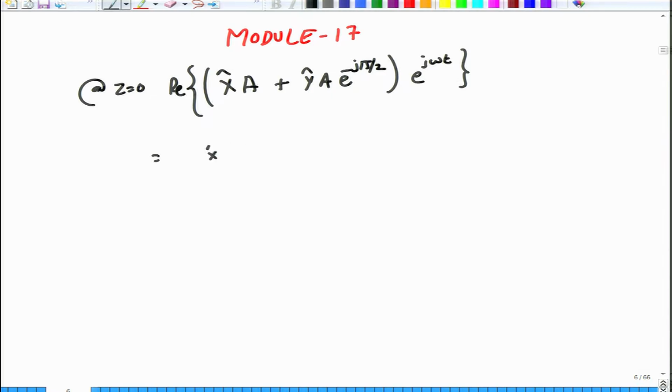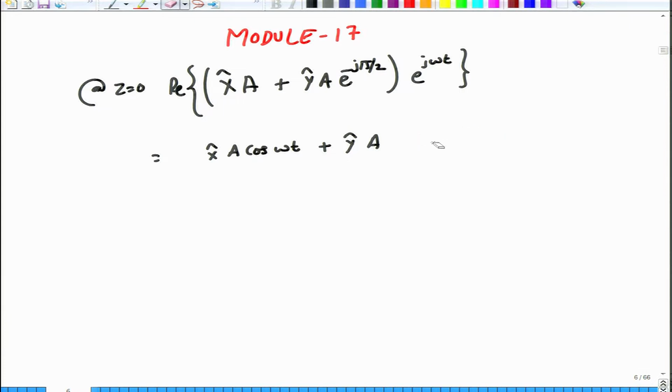So I will now have x hat a cos omega t plus y hat a cos of omega t minus pi by 2. Okay. Now cos of omega t minus pi by 2 would actually be equal to sin omega t.